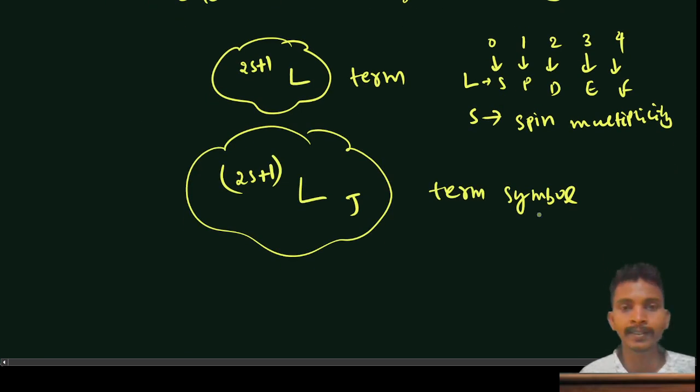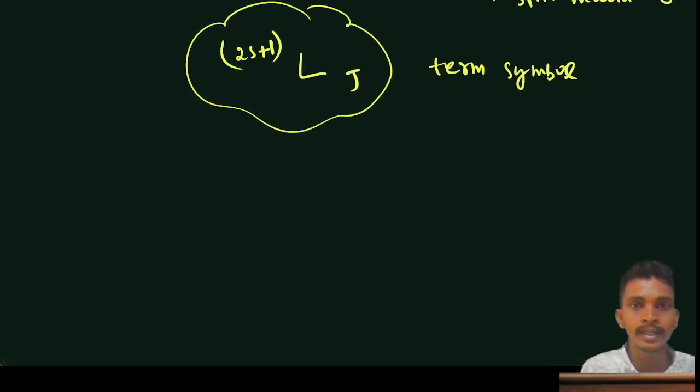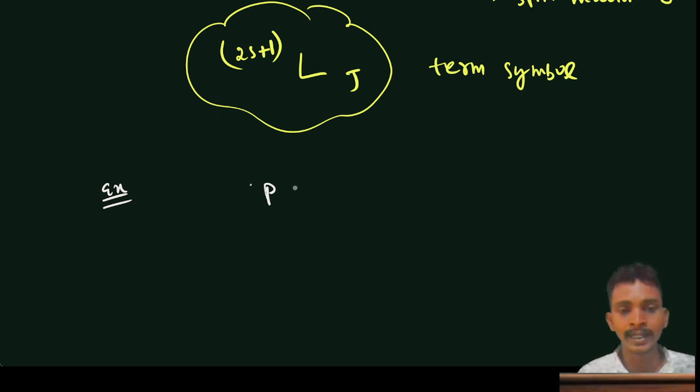Now if any terms are given and asked to calculate the total number of microstates, how do we calculate it? Let's say the example is P, and the spin multiplicity will be written on the left hand side. If it is written on the right hand side, then understand that this is electrons. But if it is written on the left hand side, then understand that this is spin multiplicity.